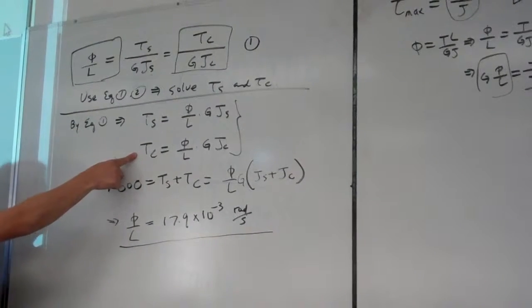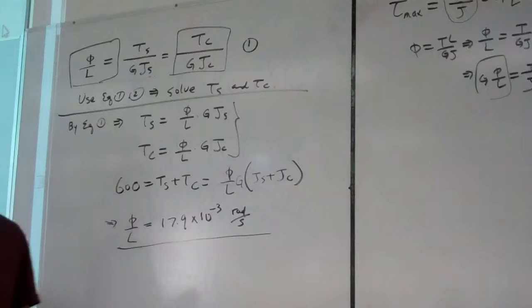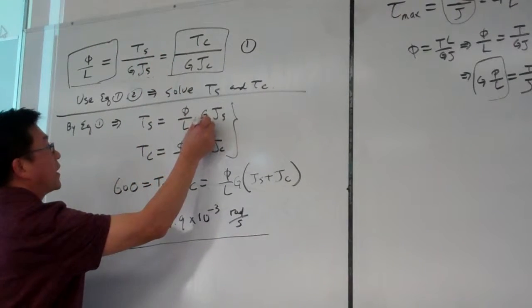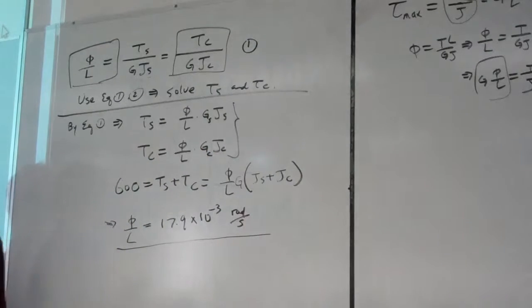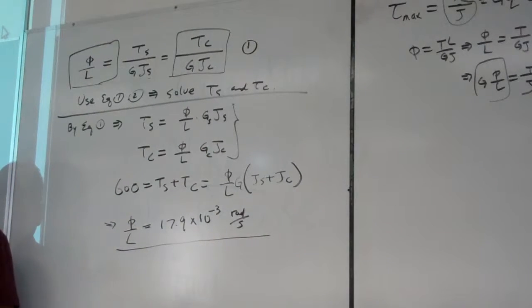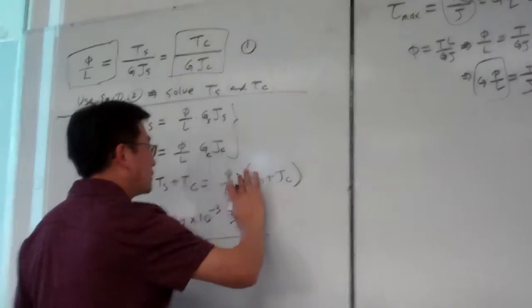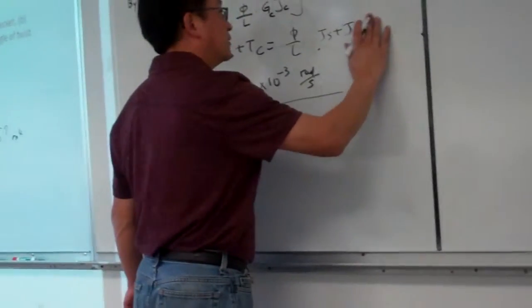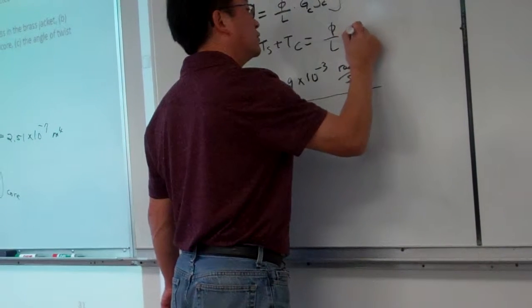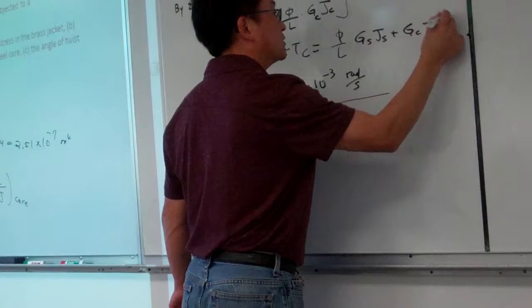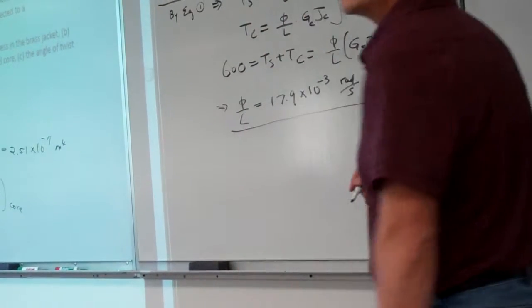Right. G is different for the brass and the steel, though. Yes. So here, let me label it. This will be the S, this will be C. We just plug in the individual values for calculations. So the 600 is equal to, that should be GS, JS, GC, JC. Thank you.